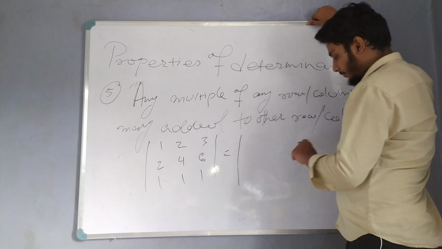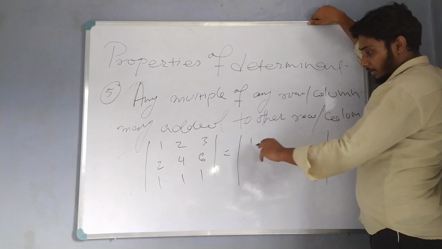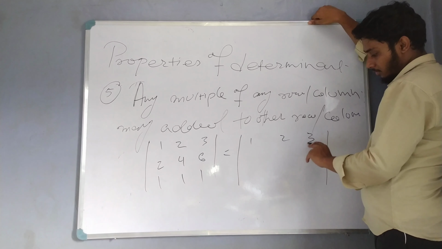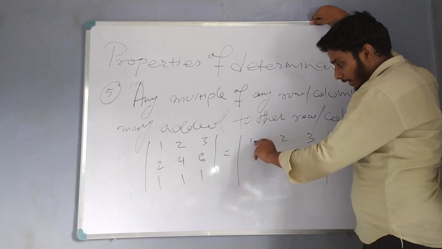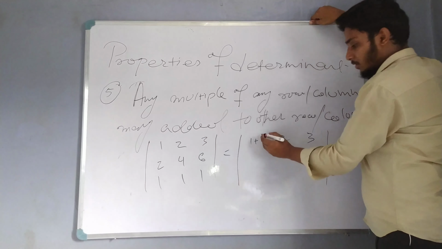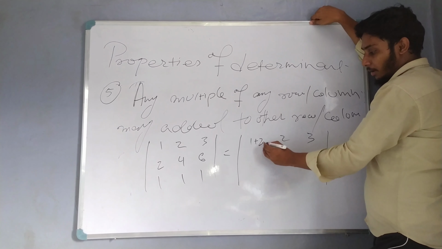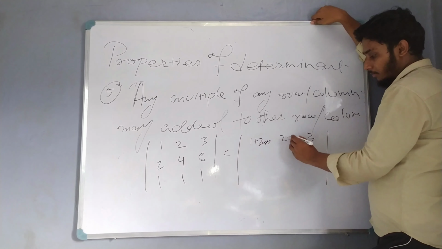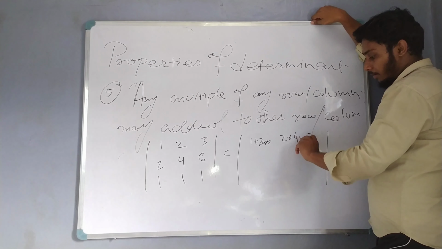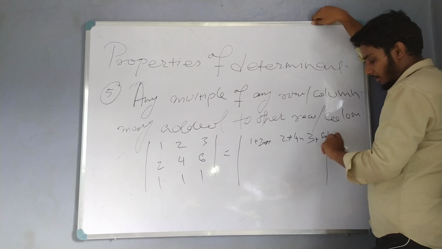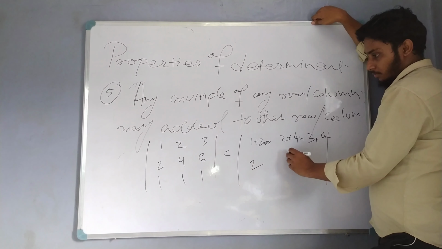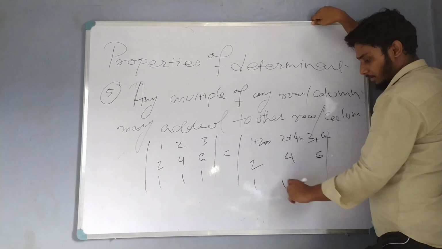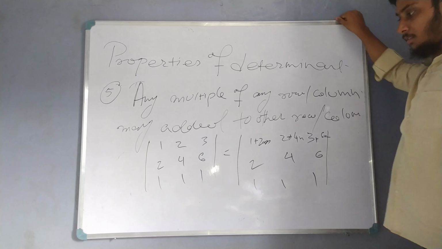For example, I have written 1, 2, 3, and I want to add some multiple of 2, suppose 2m, and here 4m, and here 6m, and these two rows will remain the same. So we can do this.